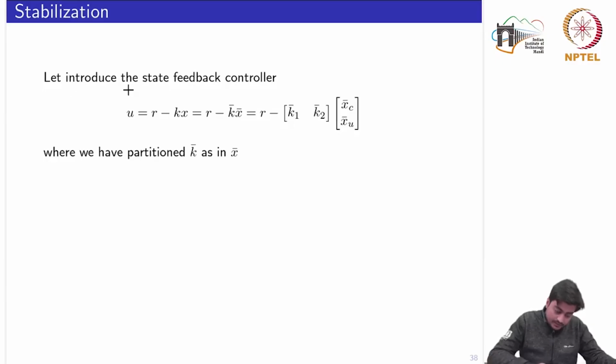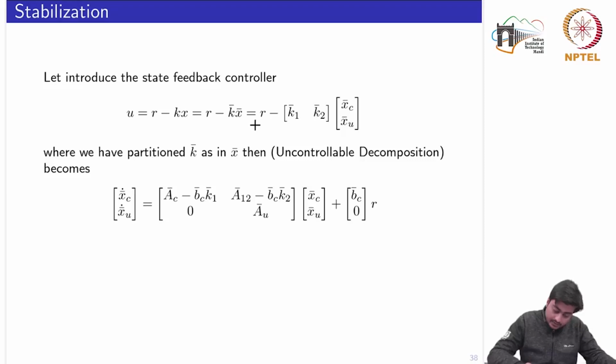Now let's see what happens if we introduce the state feedback controller, which we have been designing from the beginning, to this system which is not completely state controllable. What happens to the closed loop system? We can write u is equal to r minus Kx. Since x has been changed to x bar by using the decomposition, we have replaced K with K bar, and we now need to design this K1 bar and K2 bar with respect to x C bar and x U bar. x C is the controllable state and x U is the uncontrollable state.